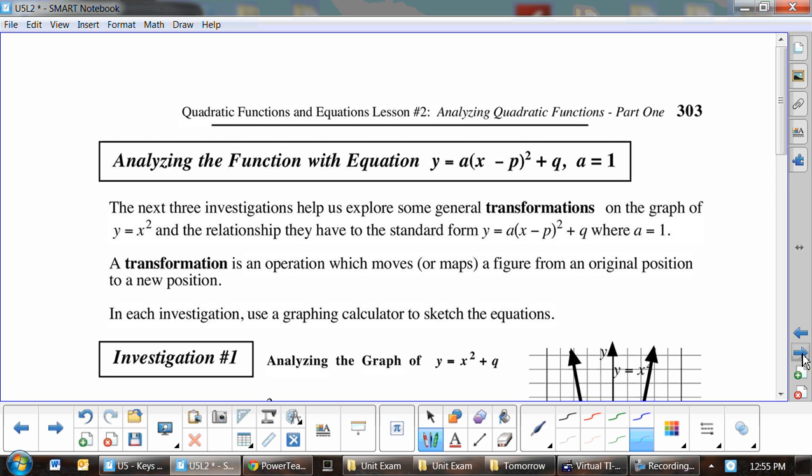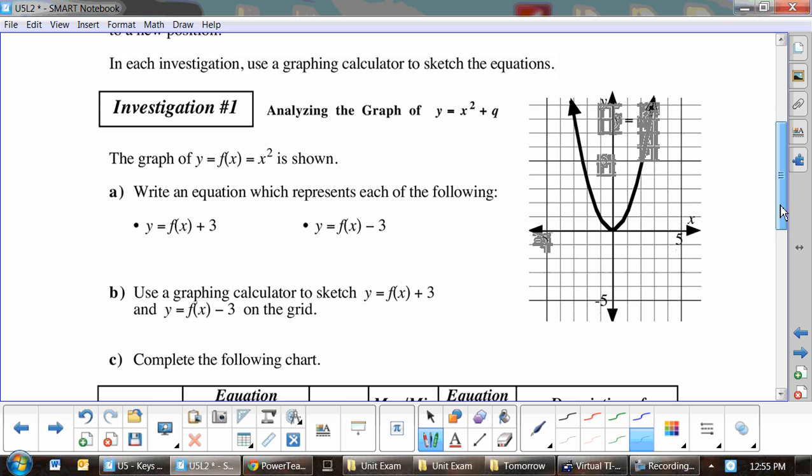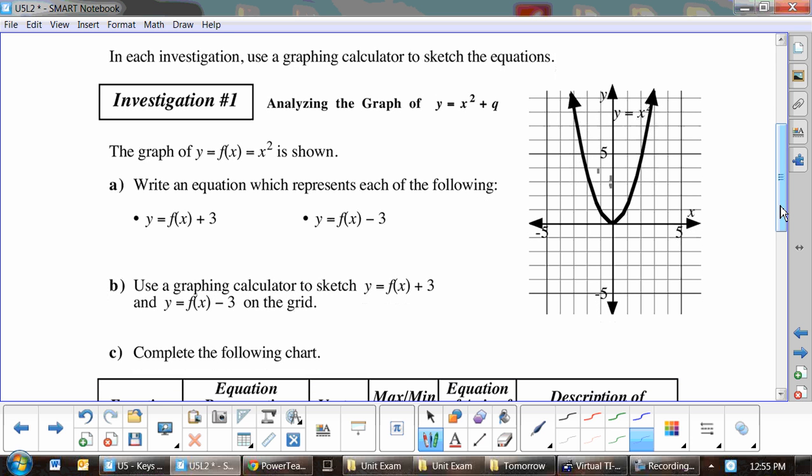So if we look over here, here we have f of x is equal to x squared. And here it is here. But if we're given something like this where it says y is equal to f of x plus 3, we can just replace this f of x with the x squared because we were told up here that's what it equals. Okay. So what would this one be, the next one? You got it.